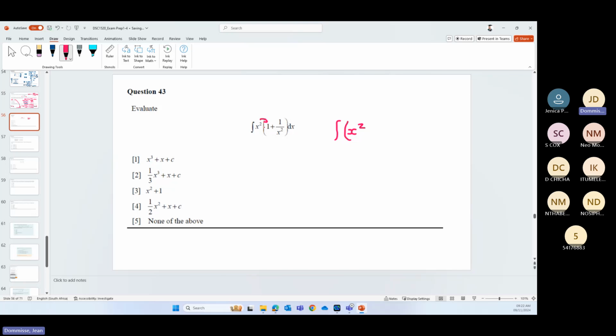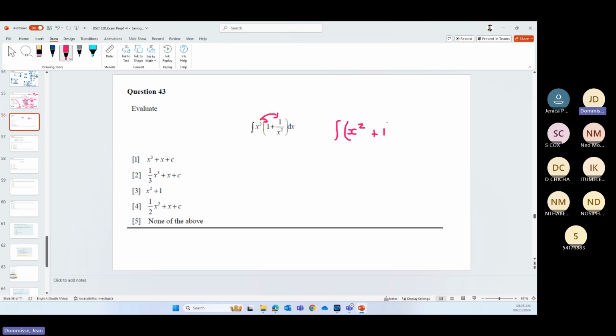So x to the power of 2 times 1 is x to the power of 2. If we say x to the power of 2 times 1, we get x to the power of 2, and that is over x to the power of 2. So actually, that comes down to being 1.